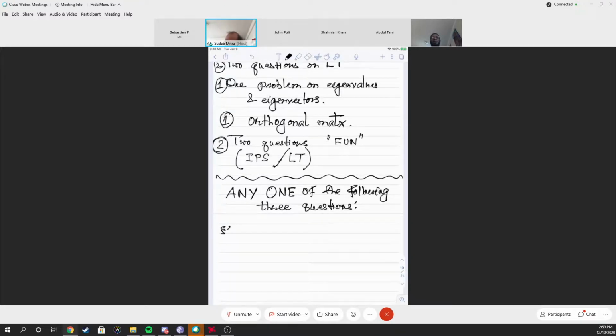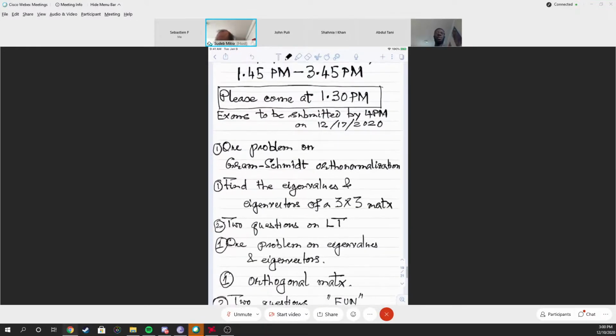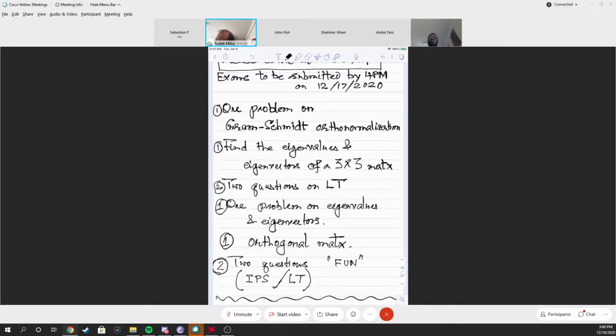Number 1. If A is a square matrix, show that A and A transpose have the same eigenvalues. So is this question 9? No, this is not question 9. This is related to this star.